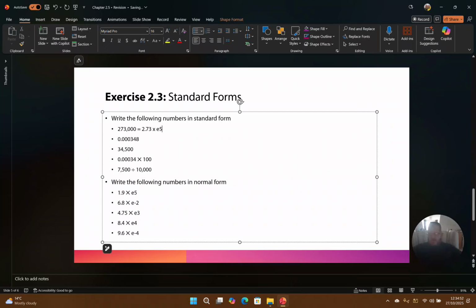Use this one. Or I can do this one. Right, we'll do. We'll double check that.